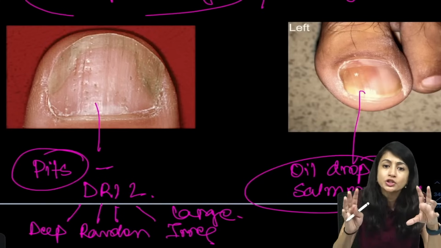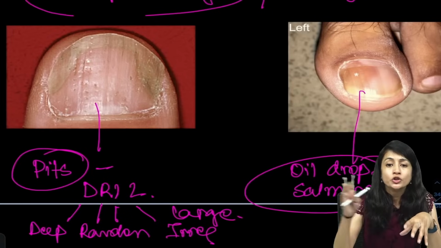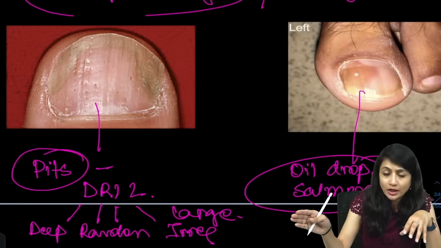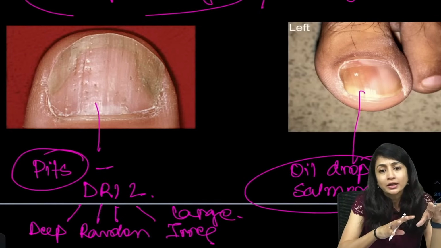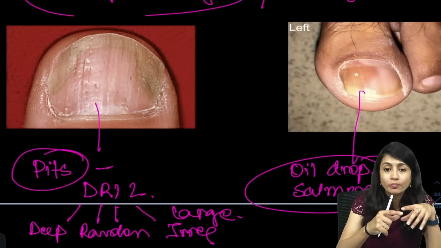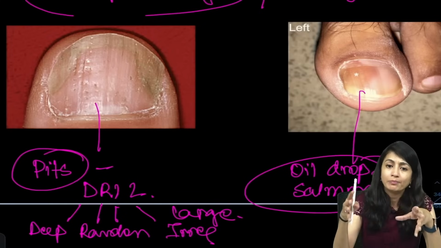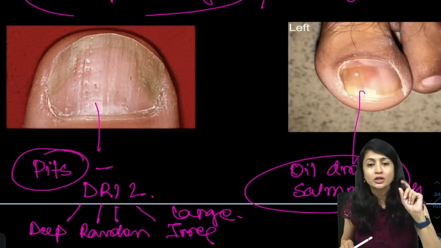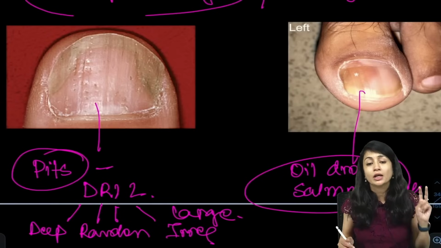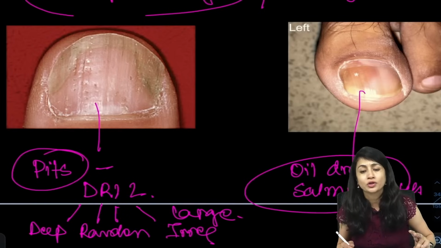Then how do you differentiate? If you do a KOH, you would see a positive result in onychomycosis and negative in psoriatic nail. In psoriatic nail, what we do is onychoscopy, or we do dermoscopy of the nail plate and we look for these changes that we already discussed. Okay, so you should be able to differentiate between an onychomycotic and a psoriatic nail.